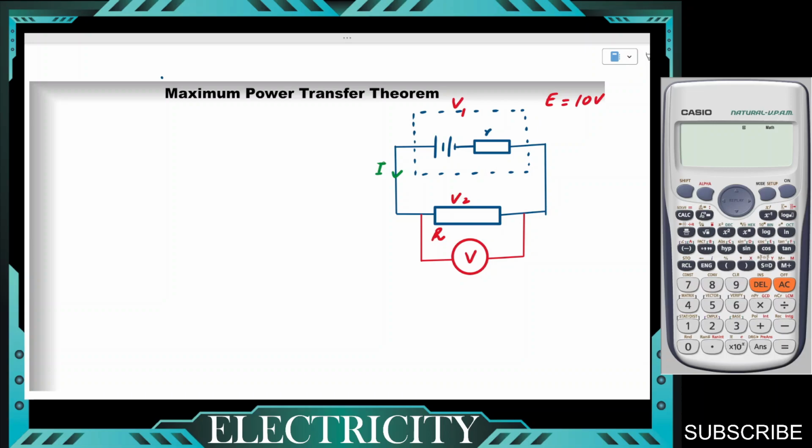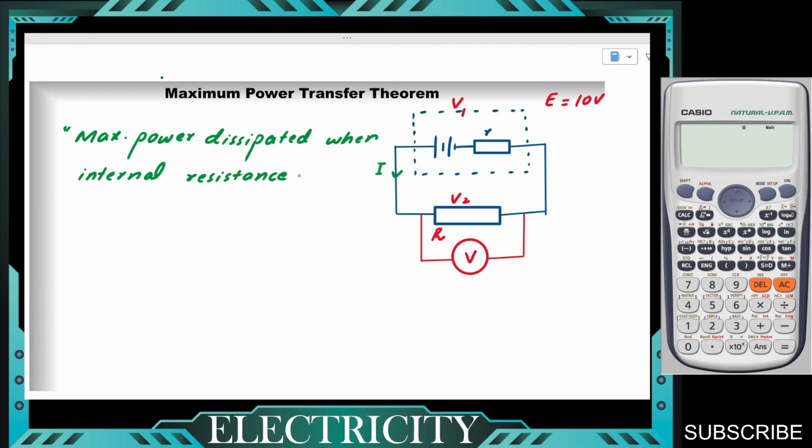Now, what does this theorem say? Let me write down the statement along with the circuit before we do anything with the mathematics. This theorem says: maximum power when internal resistance equals load resistance.